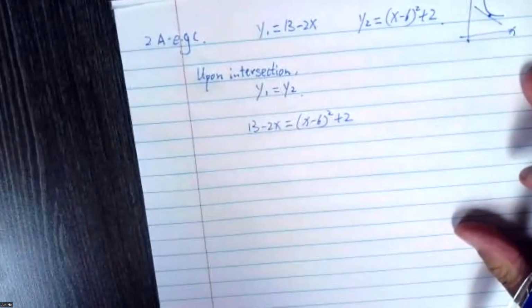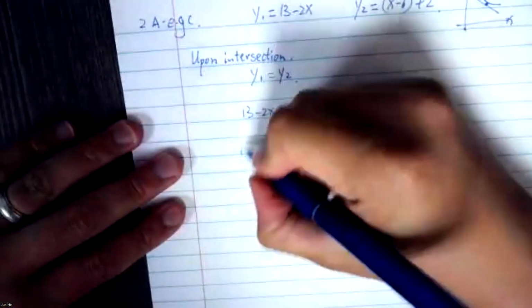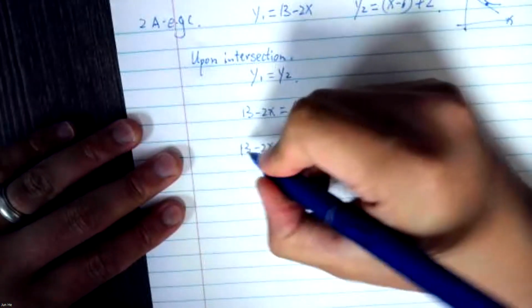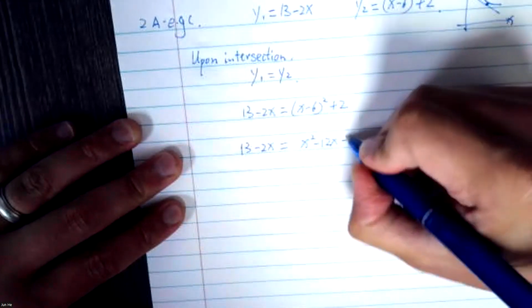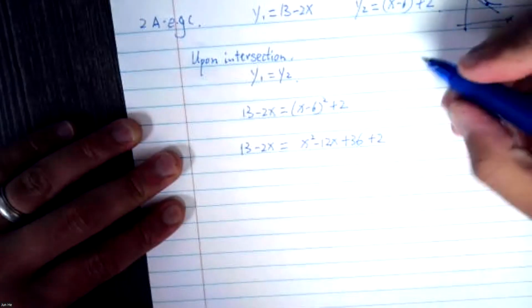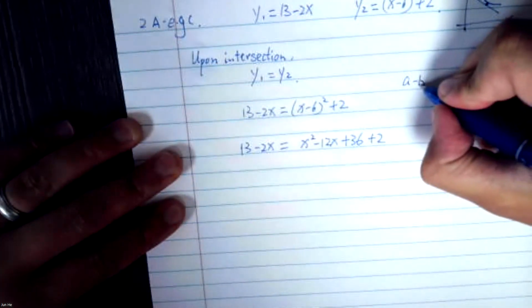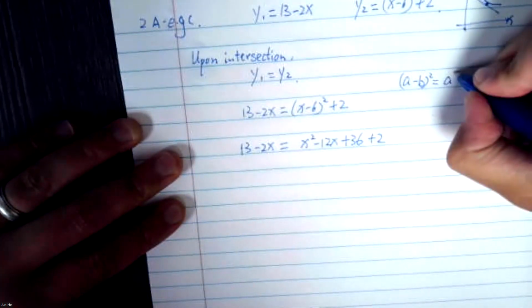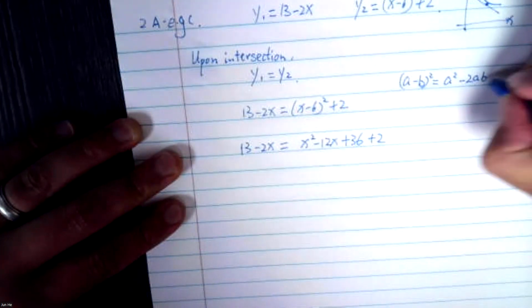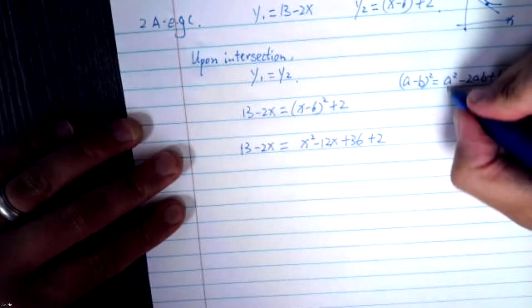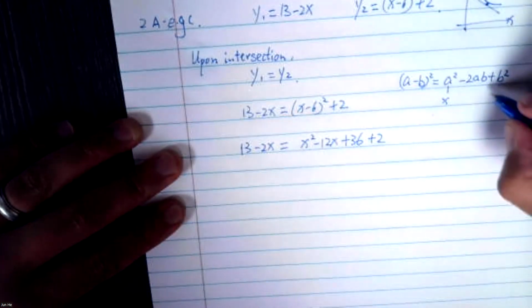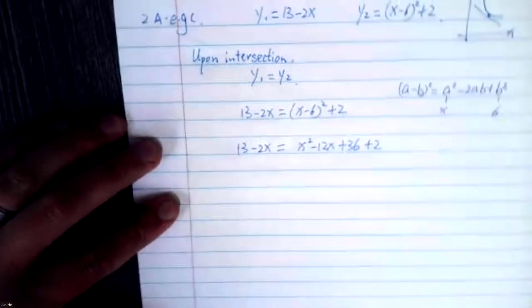Okay, now let's just expand the right-hand side. 13 minus 2x, we just copy it down, equal to x squared minus 12x plus 36 plus 2. Right, just to remind, a minus b squared equal to a squared minus 2ab plus b squared, where now a is x, b is 6.